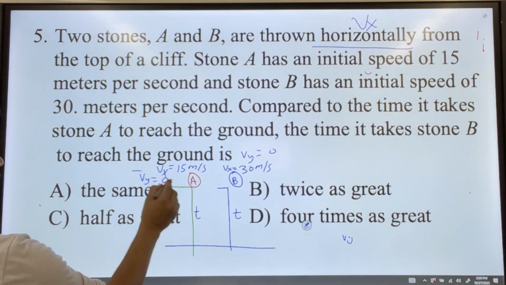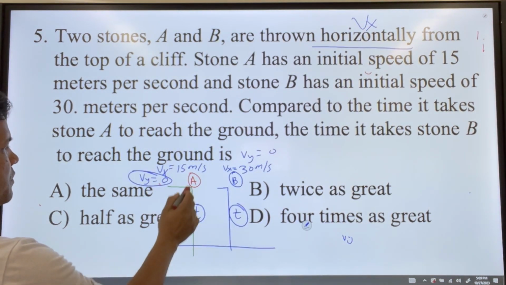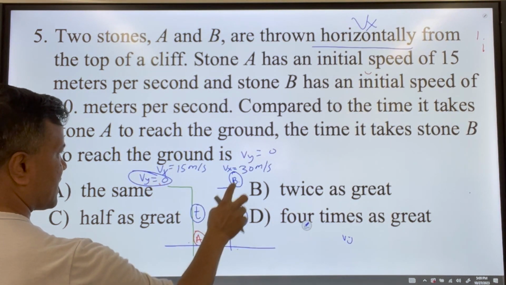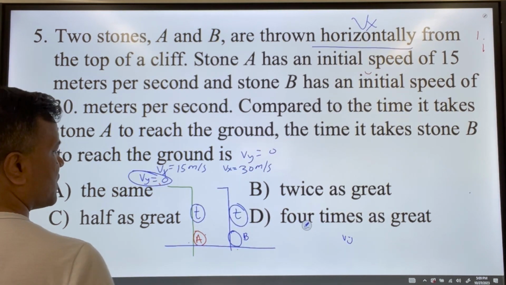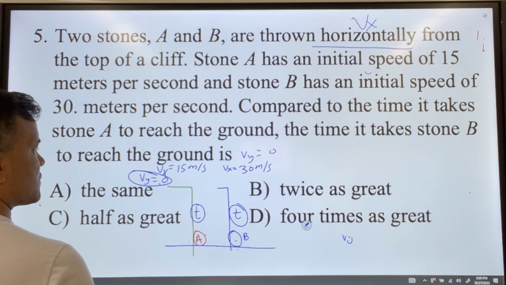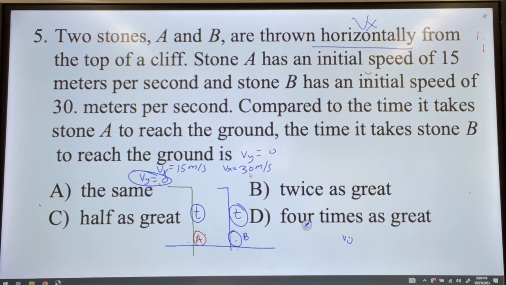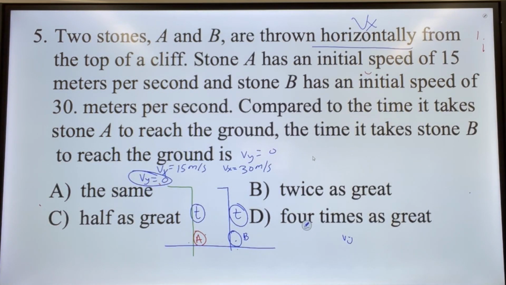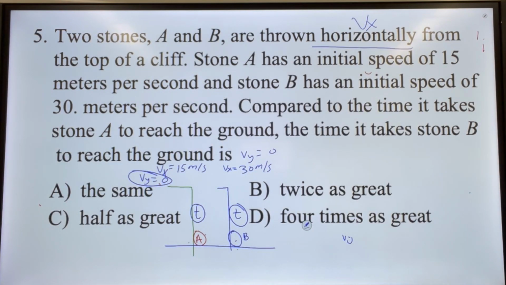Since Vy is only responsible for the time it takes to land, both objects will touch the ground at the same time. If this takes 2 seconds, this will take 2 seconds. That takes us to the next problem, problem 6.